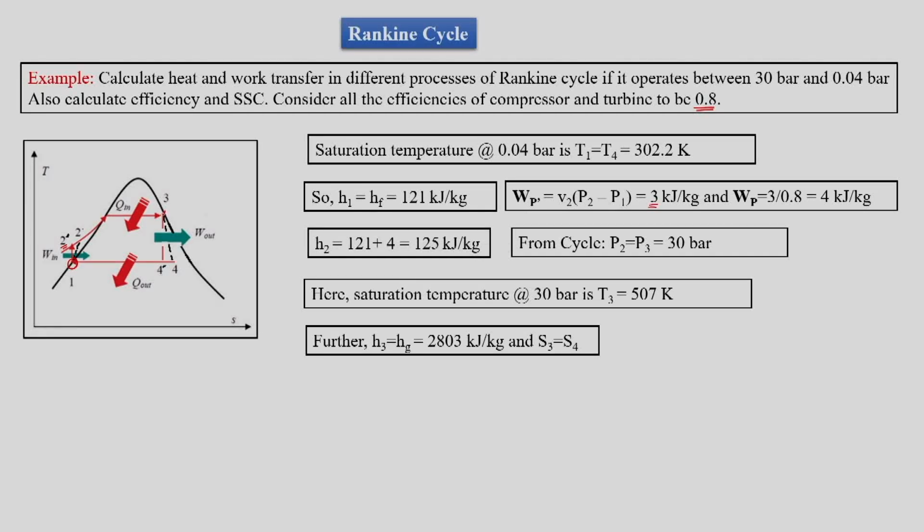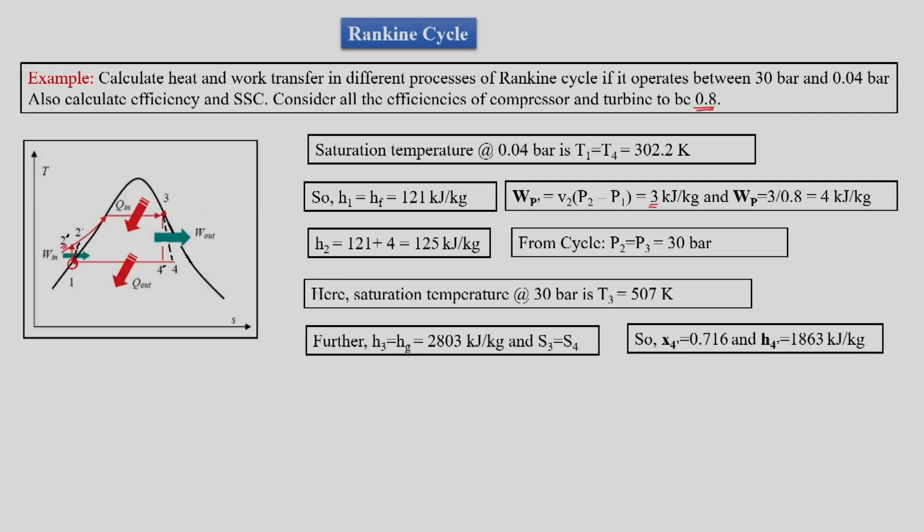The pressure at 3 is 30 bar, so the enthalpy at 3 is the saturation enthalpy of vapor corresponding to 30 bar, which is 2803 kilojoule per kg. Then using that we can find X4 dash, and hence we can find H4 dash.